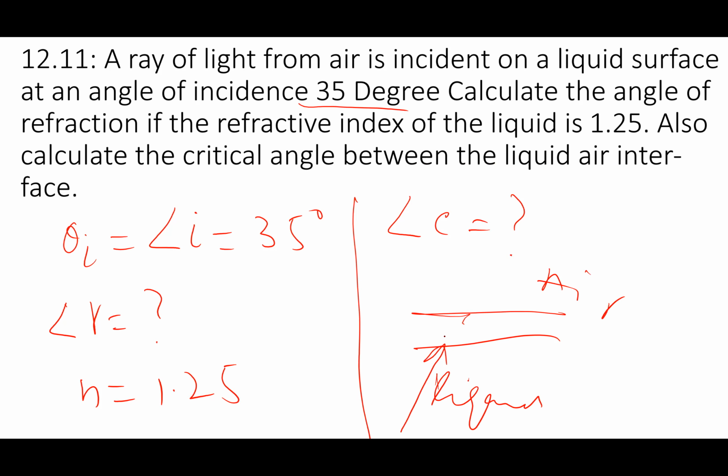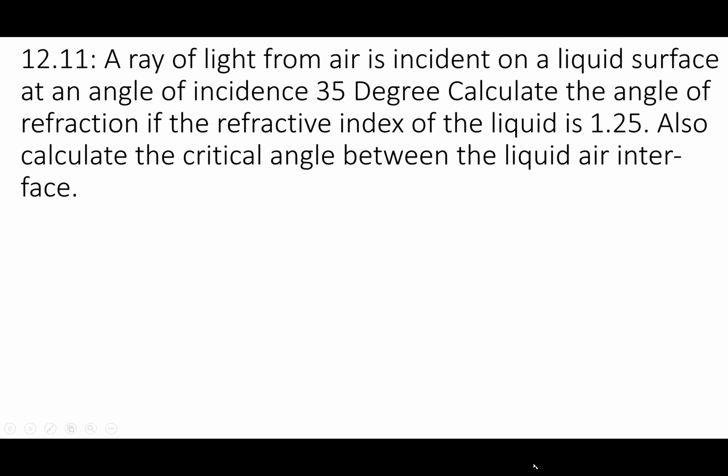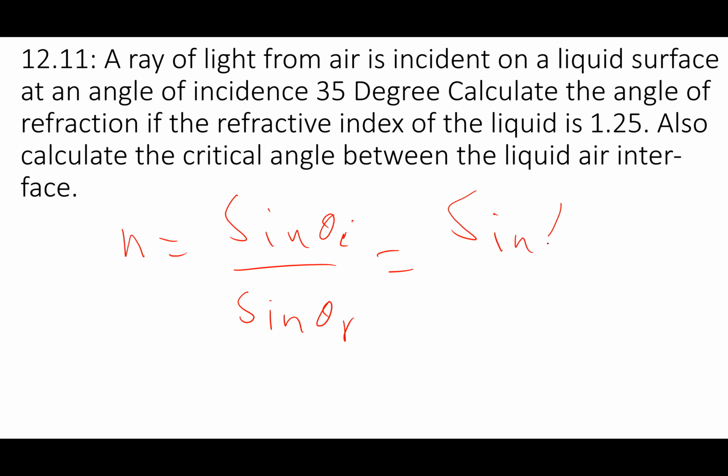So first we will use Snell's law. According to Snell's law, n is equal to sine theta i divided by sine theta r. Sine angle of incidence divided by sine angle of refraction.